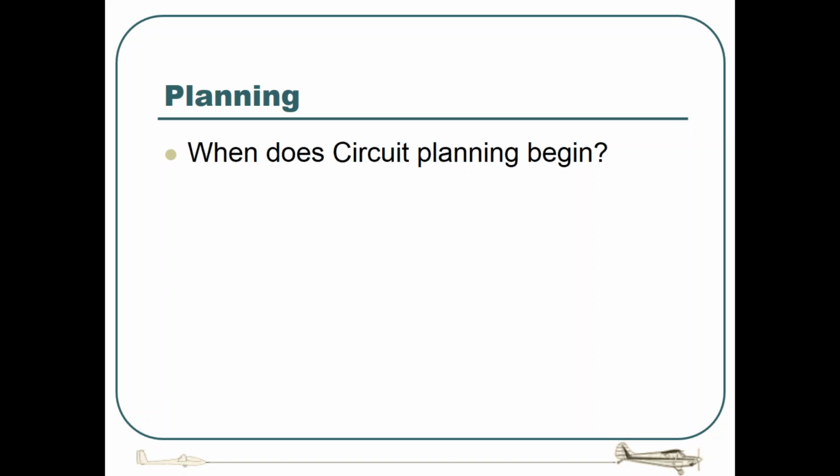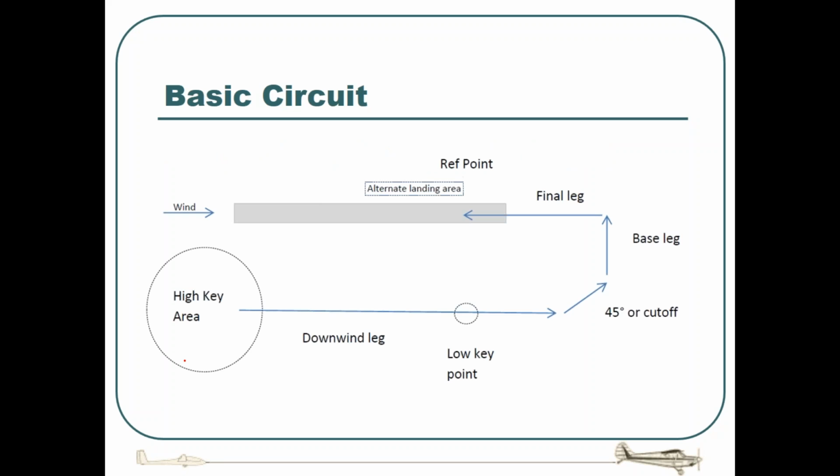Okay, I'm going to deal with a couple of these answers first. When you decide you're going to land, from Sergio, and Razvan, when you say from the high key area. Now let's back this up a little bit and think about that for a second. If I wait till I'm in the high key area to plan my circuit, well, here's the question for you: are we doing a left-hand or a right-hand circuit?